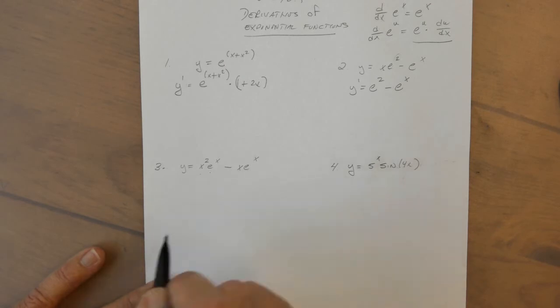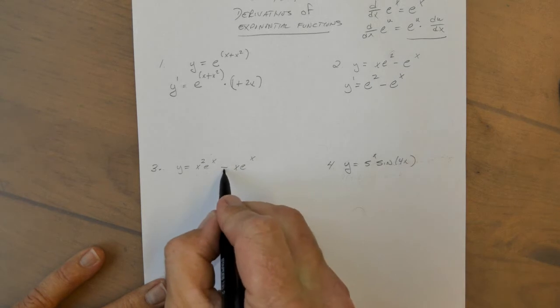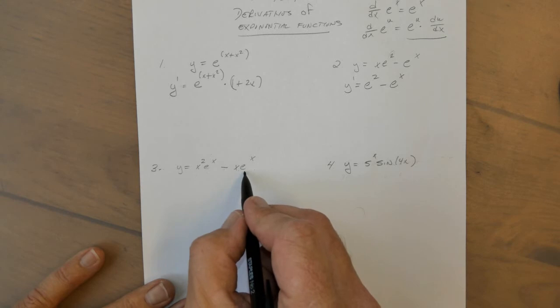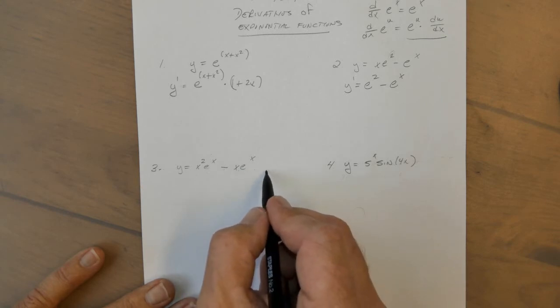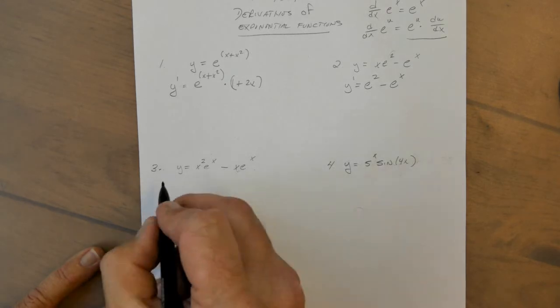Okay, so down here now we're going to have a product. We're actually going to have the product rule twice, and one of the things to be careful about here is notice we're subtracting. So when we have the product rule, because we have two terms here, a binomial, or two terms in that product rule, we've got to be careful about distributing.